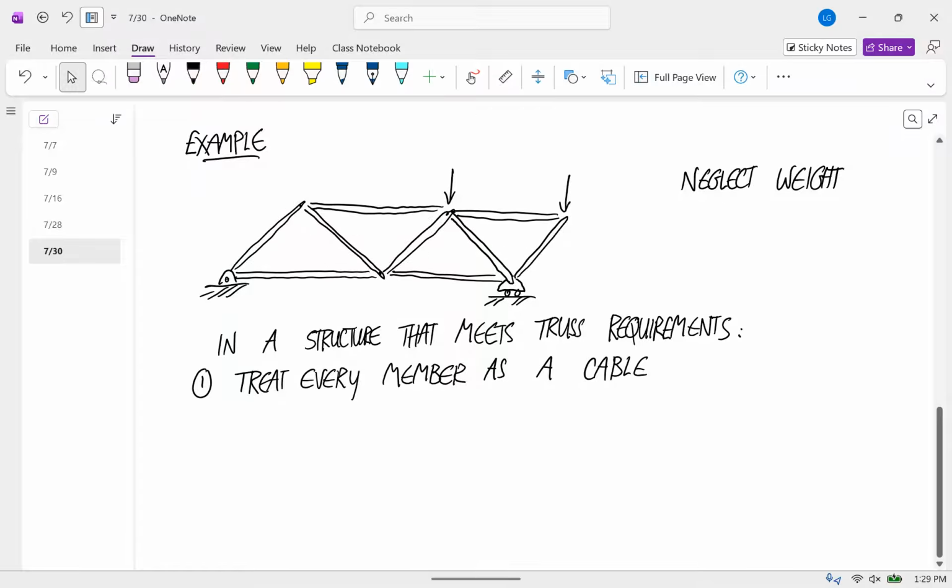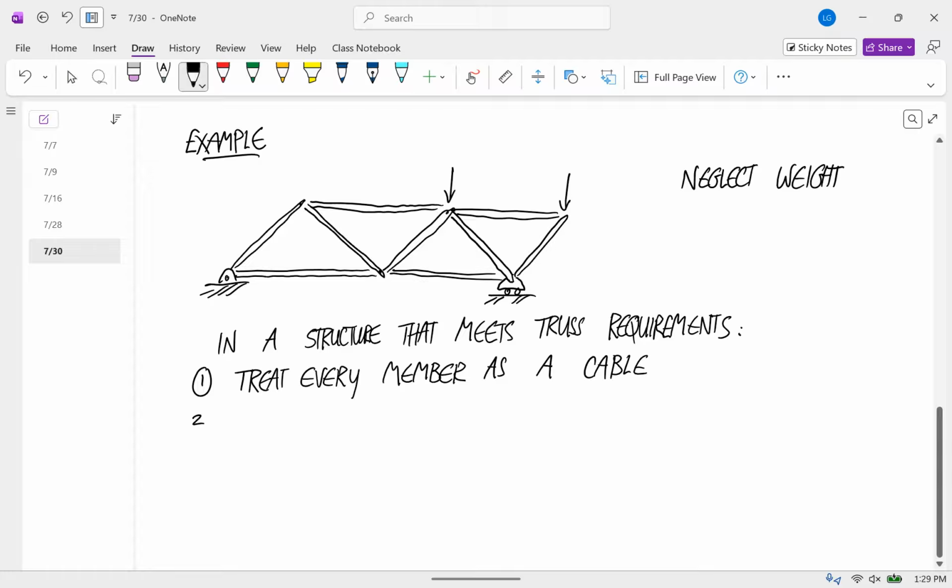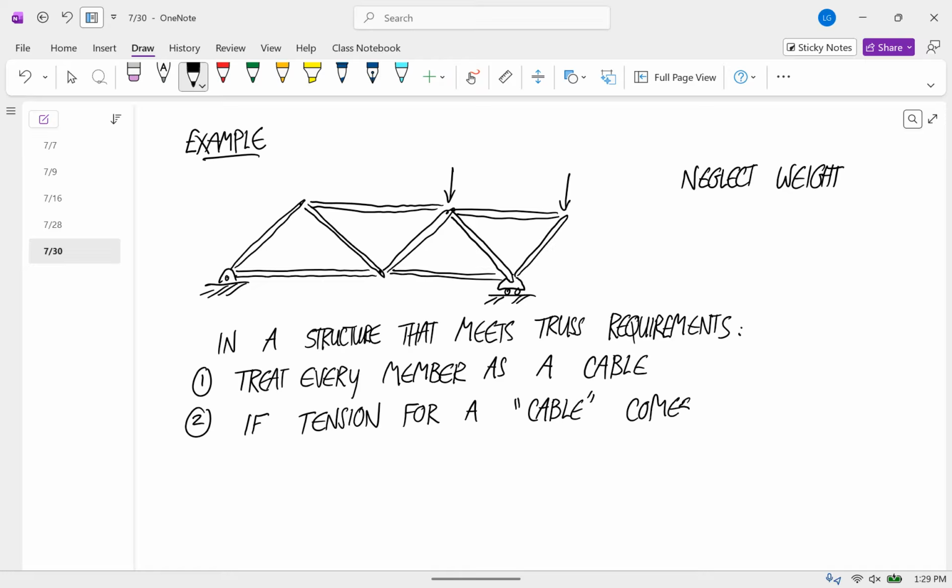If the tension for one of these cables, one of these bodies, I'll put cable in quotes, comes out negative, that just means that the member is in compression.